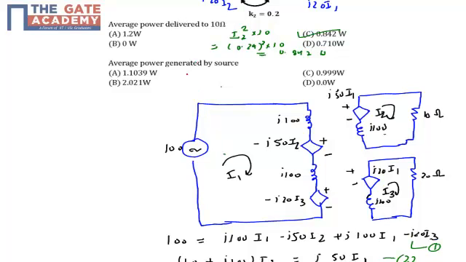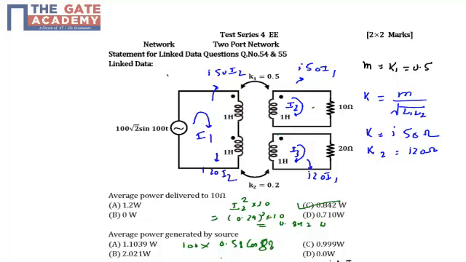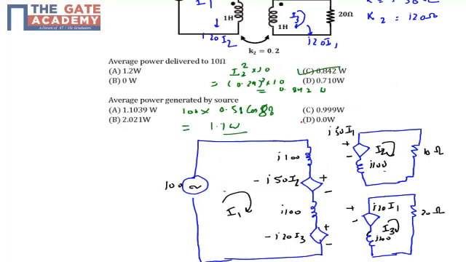So it will be source voltage into source current, which is 0.58 cos of minus 88 degrees, because here I am applying the IRMS into VRMS formula. In the earlier case we applied the I square R formula. With the source voltage and source current, my value will be equal to 1.1 watt. So the correct option is option A, which is 1.1 watt.